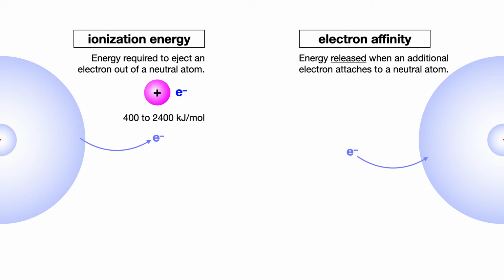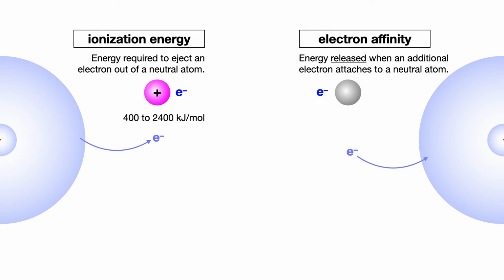Now, the energy involved with electron affinity tends to be much less than for ionization energy, and partly this is because you've got an electron approaching a neutral atom, and so from a distance, there's nothing really attracting the electron.